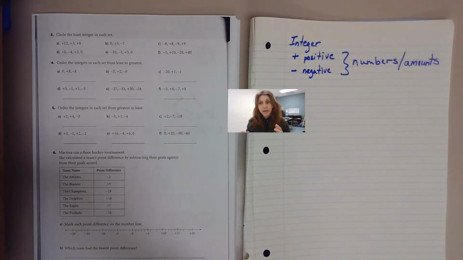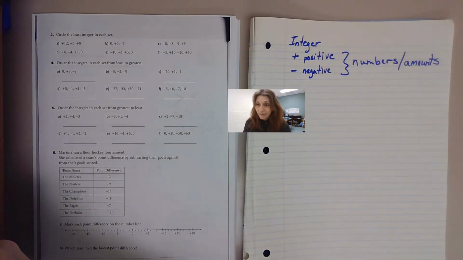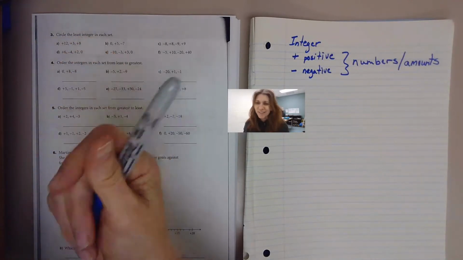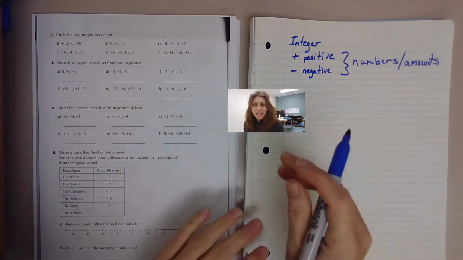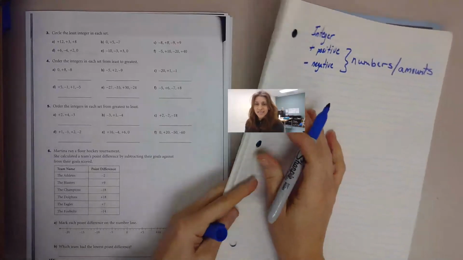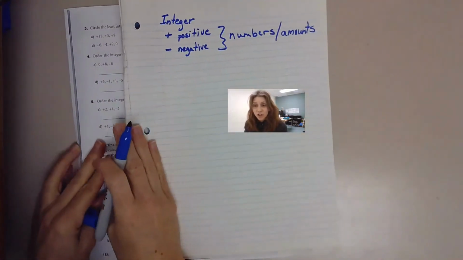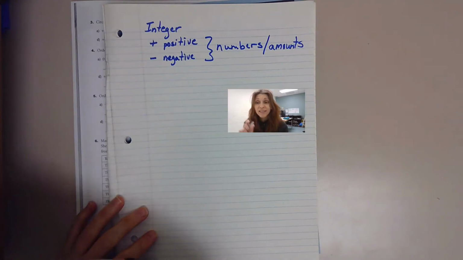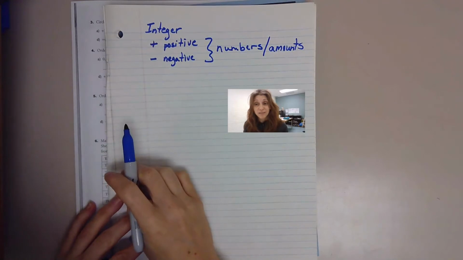It's a larger amount, but it's negative. So it's more small? I don't know. But just make sure you're understanding that the larger the number is, if it is negative, the smaller the number actually is, if you're putting them in order.